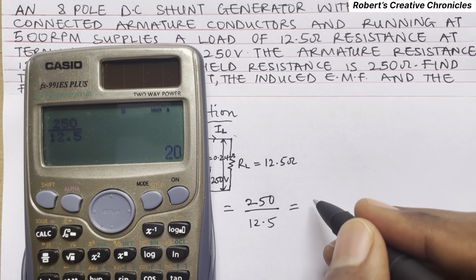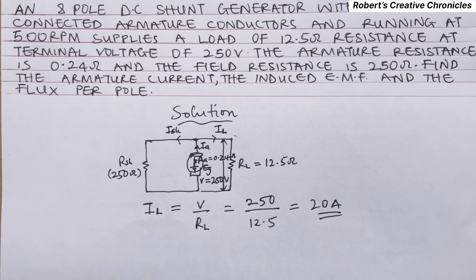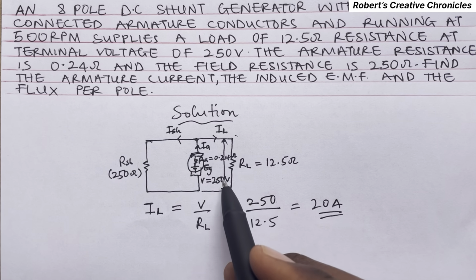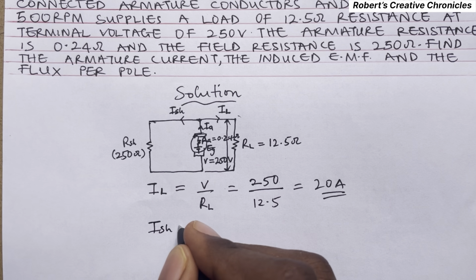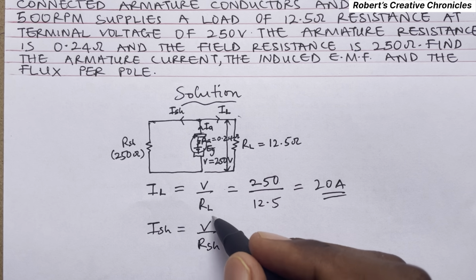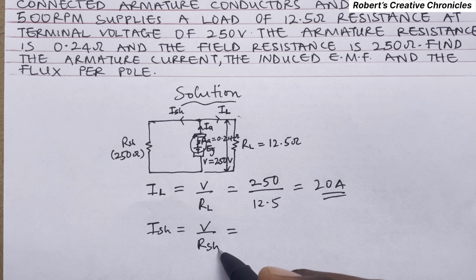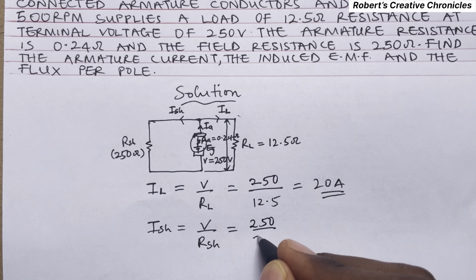This is 20 ampere. So this load current is 20 ampere. Then we can also find the shunt current. It's also V over the resistance of the shunt resistor, which is 250. So it's 250 over 250.